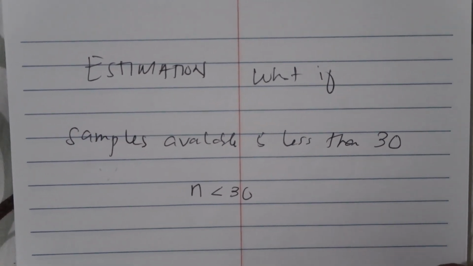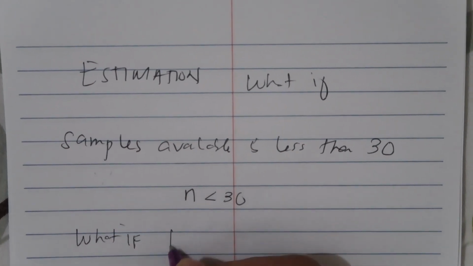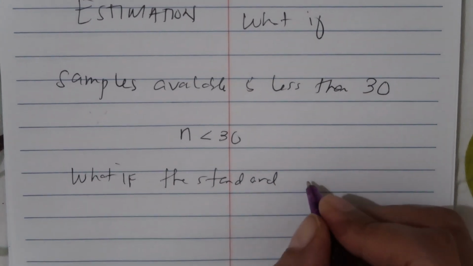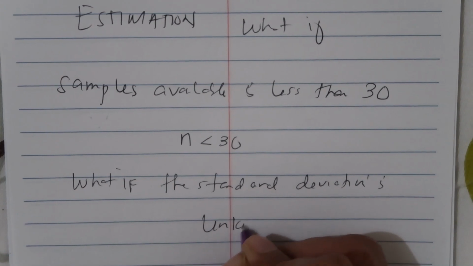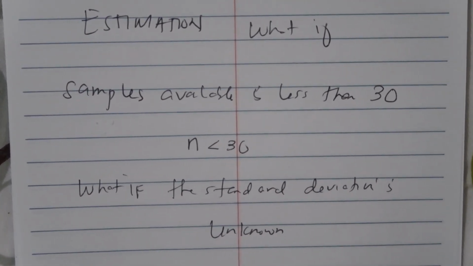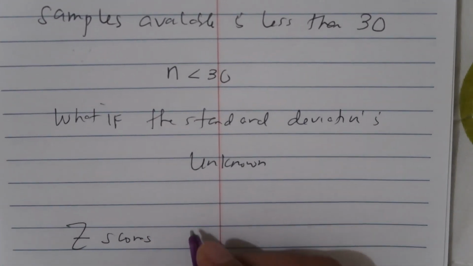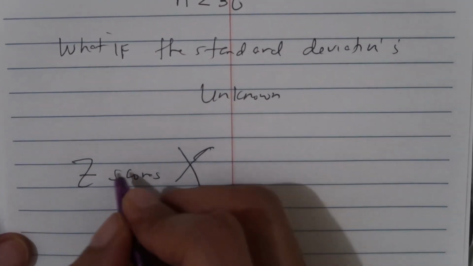What if the standard deviation is unknown, meaning it's not given? So z-score is not allowed.